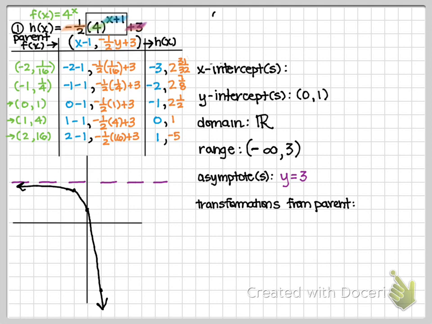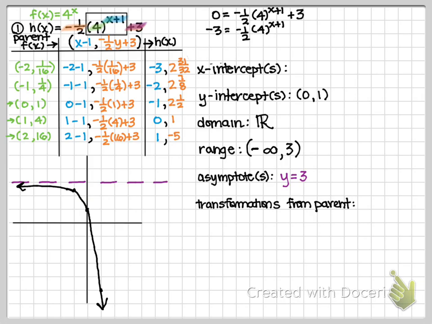So I'm going to get 0 equals, and then I'm going to go ahead and take my equation. Negative 1/2, 4 to the x plus 1 plus 3. Okay, I'm trying to solve for x. So let's go ahead and minus the 3 to the other side. So that's going to give me negative 3 is equal to negative 1/2, 4 to the x plus 1.